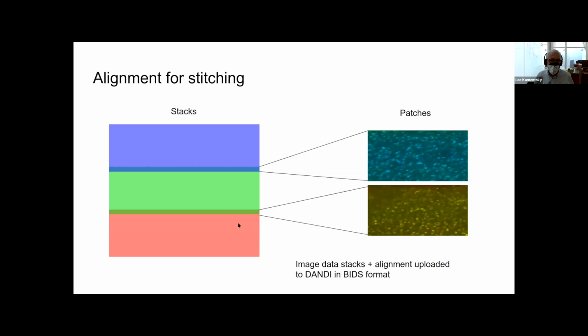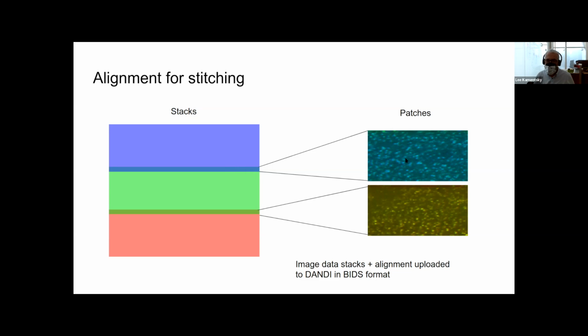And after that, you get these stacks, and they have a little bit of overlapping region, which has to be aligned. There's the rough stage alignment, but usually it's a few microns off because the stage isn't perfect.